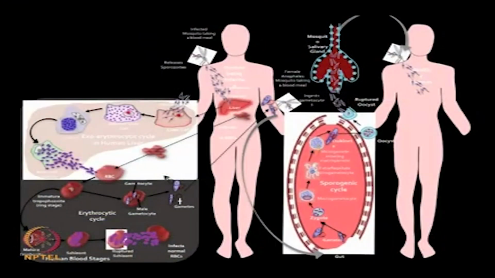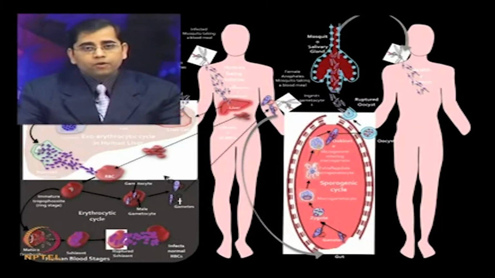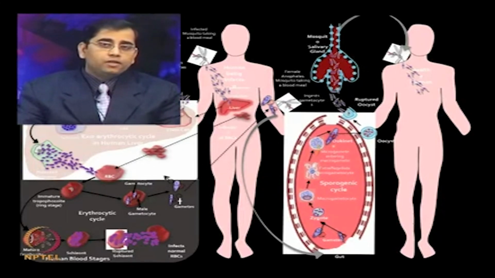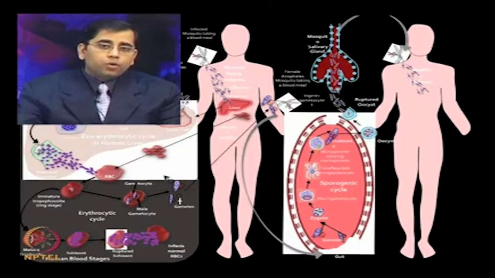The estimated annual number of clinical cases of vivax malaria ranges from 70 to 390 million, and that is actually outside of the African context. Now, P. vivax accounts for more than 50% of all the malarial cases worldwide, but the morbidity associated with this infection and its spectrum of disease still remains neglected.